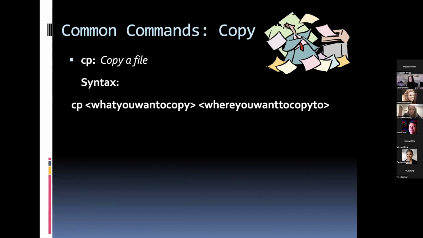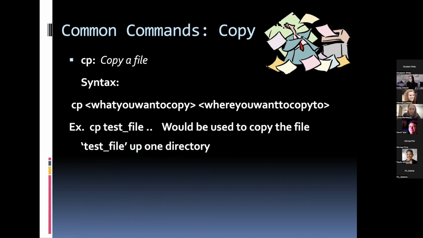So the syntax for this is CP, and then everything in those brackets there represents the file that you want to copy. And then this section represents where you want to copy it to. So you don't actually need these little brackets here. This is just representing the syntax there.